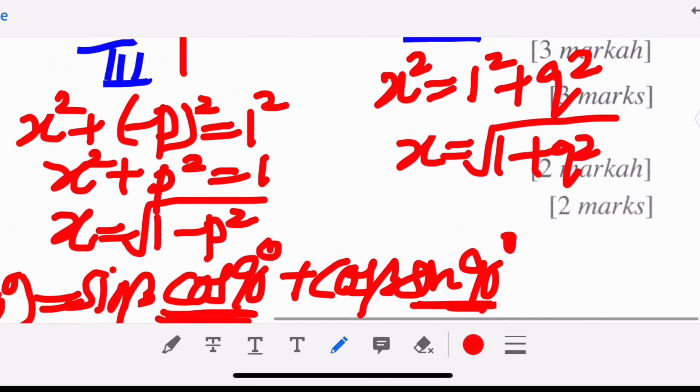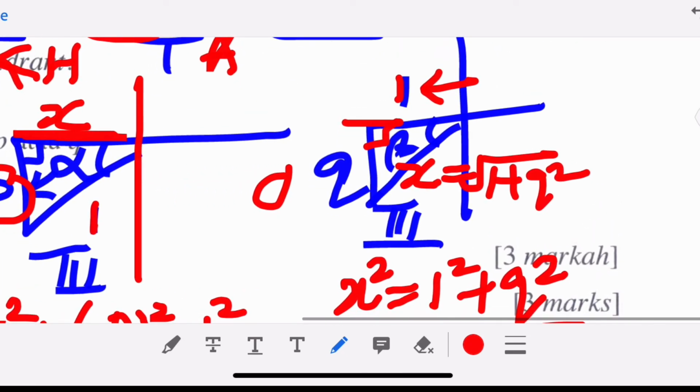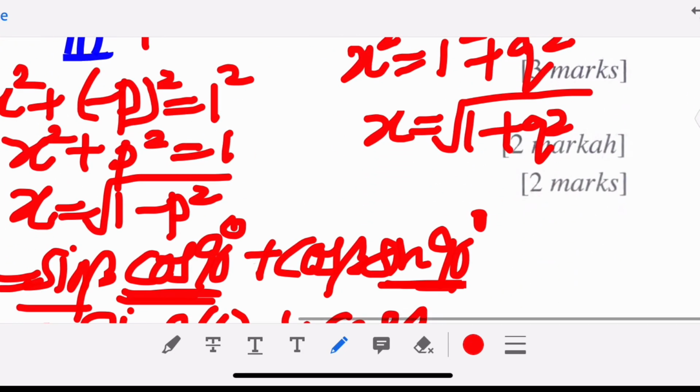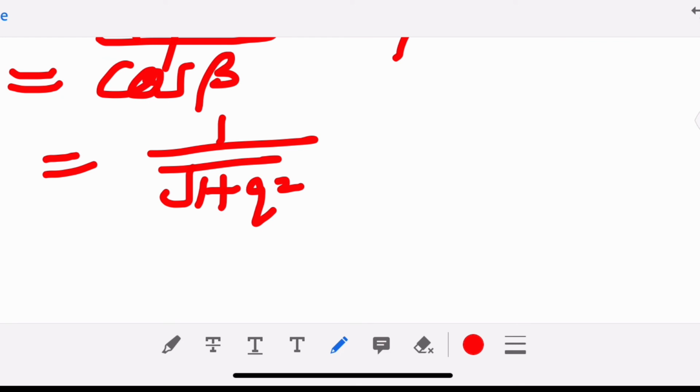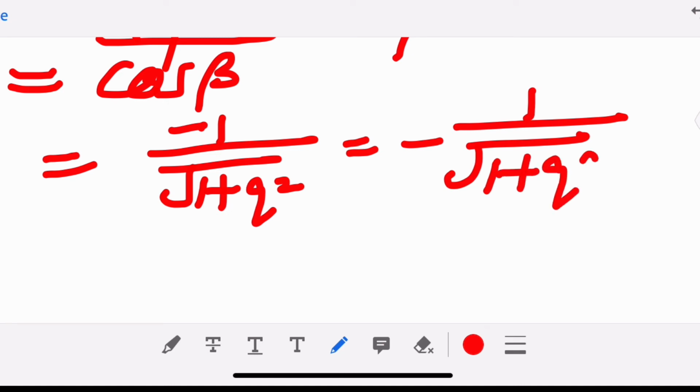But because this is the third quadrant, for cos it will be negative. Right, so be very careful. You need to make your answer negative. Put the negative like this, over the square root of 1 plus q squared.